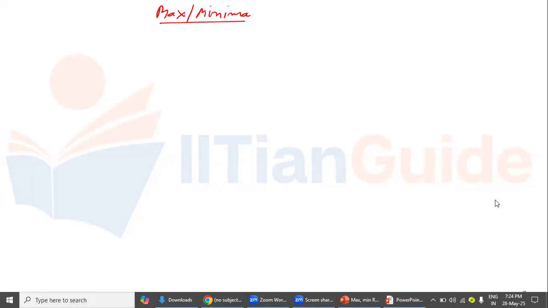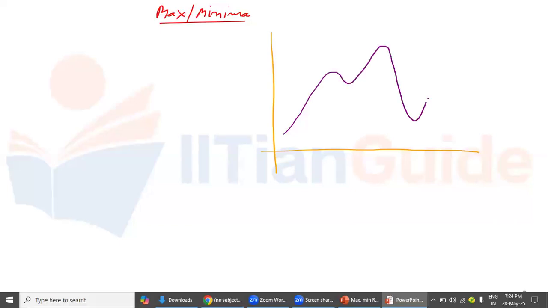What is the meaning of maxima minima that I will tell you. Suppose we have a graph, something like this. If we are talking from the point x is equal to a to x is equal to b, for example, I'm taking this point to be x is equal to a and this point x is equal to b.